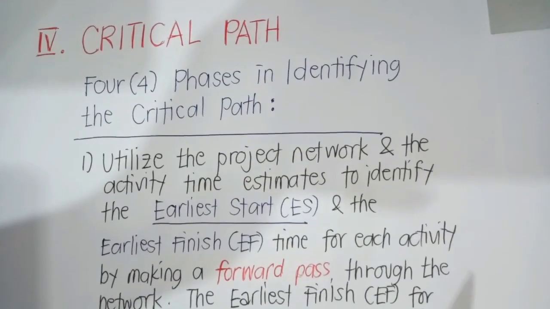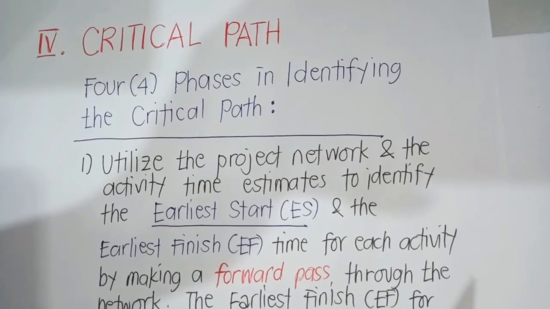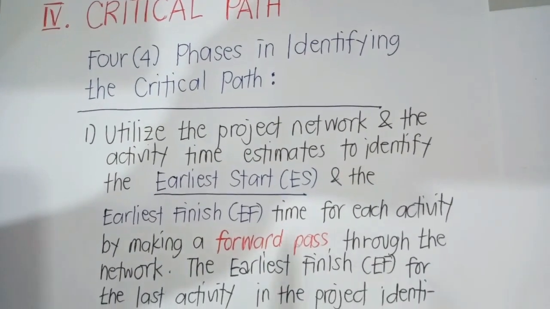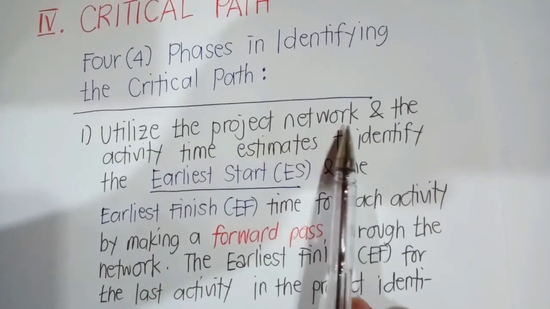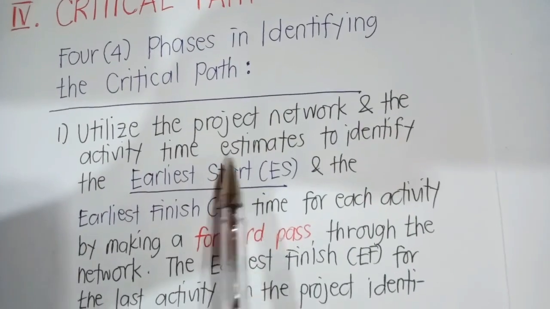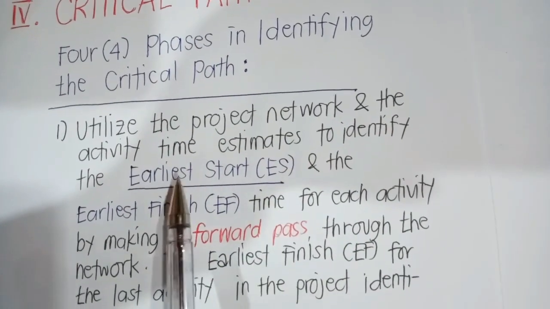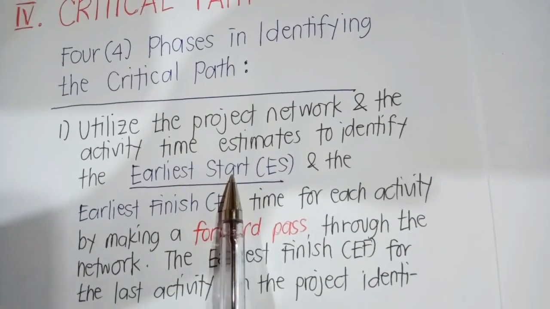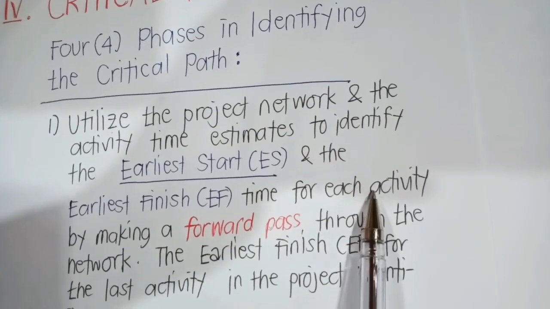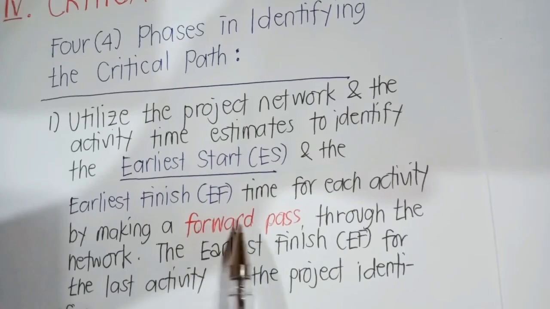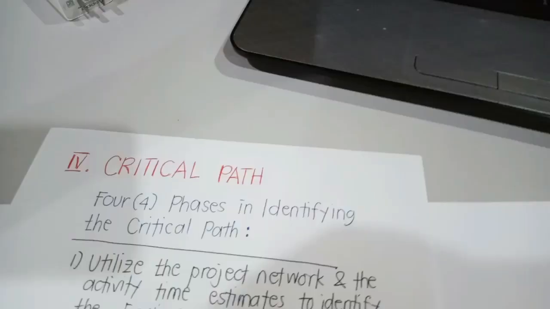There are 4 phases in identifying the critical path. The first phase: utilize the project network and activity time estimates to identify the earliest start and the earliest finish time for each activity by making a forward pass through the network.